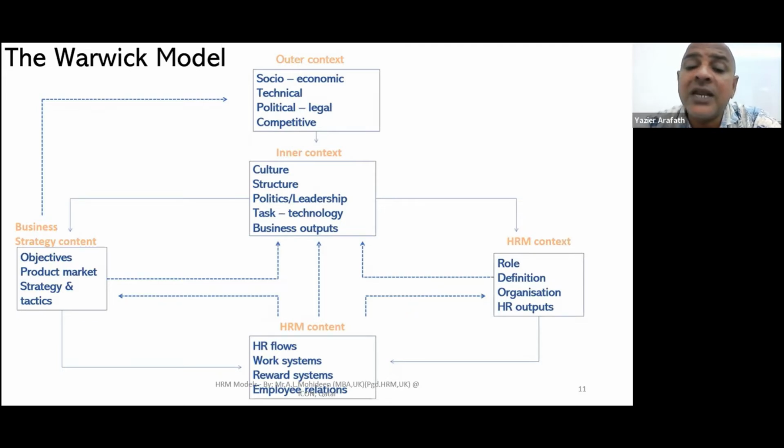What employee relations are they going to deal with in the future? So based on the context, what is the content? This is the model given by Warwick University. Do you understand the difference between Harvard and Warwick? This is also one of the models.